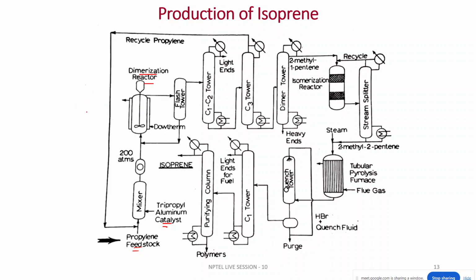Here the temperature is maintained at 150 to 250 degrees Celsius, and by this dimerization reaction we are getting 60 to 95% conversion.